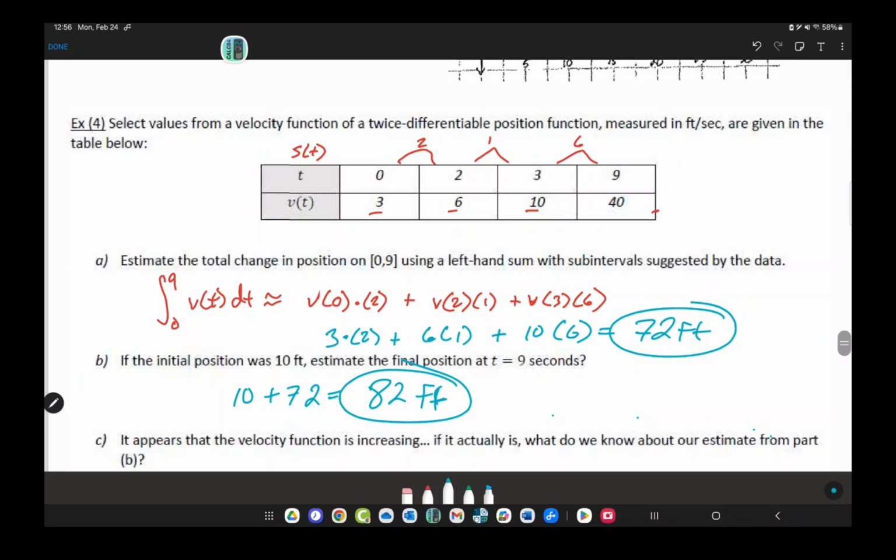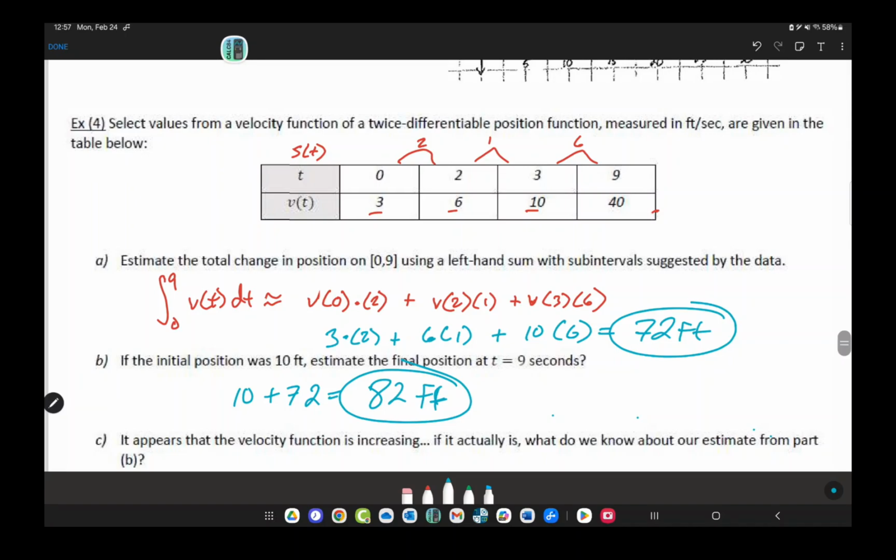All right. The velocity function is increasing. If it actually is, what do we know about our estimate from part B? So v of t is an increasing function. Your derivative is increasing. What is the shape of our function if our derivative is increasing? Concave up, which means our estimate is what?